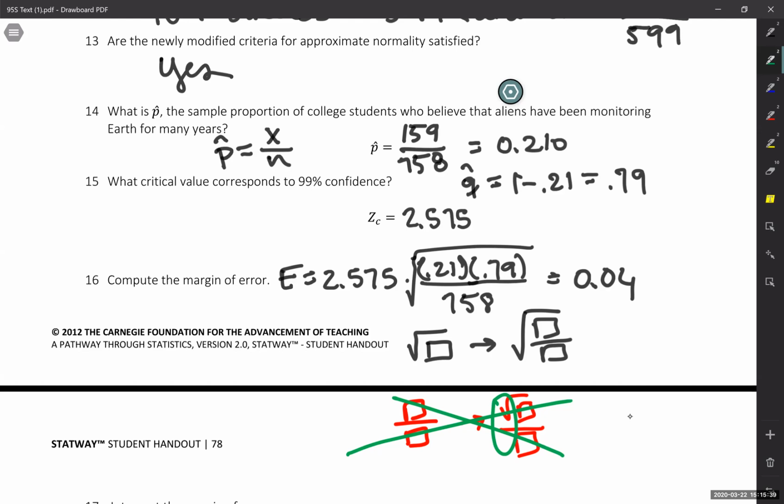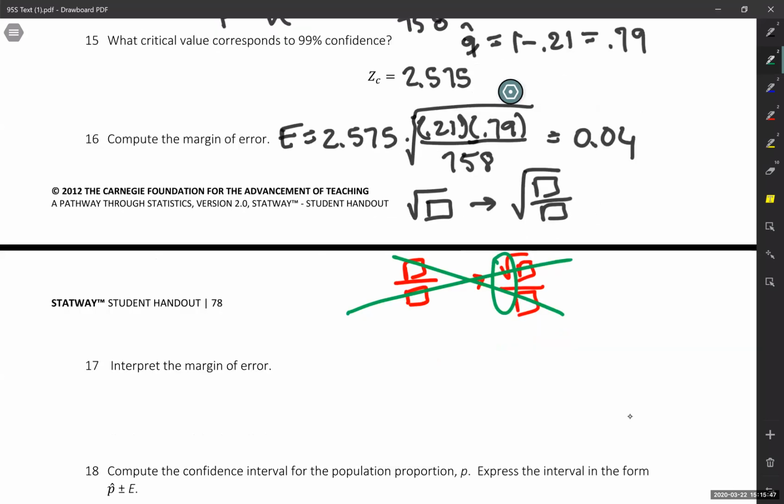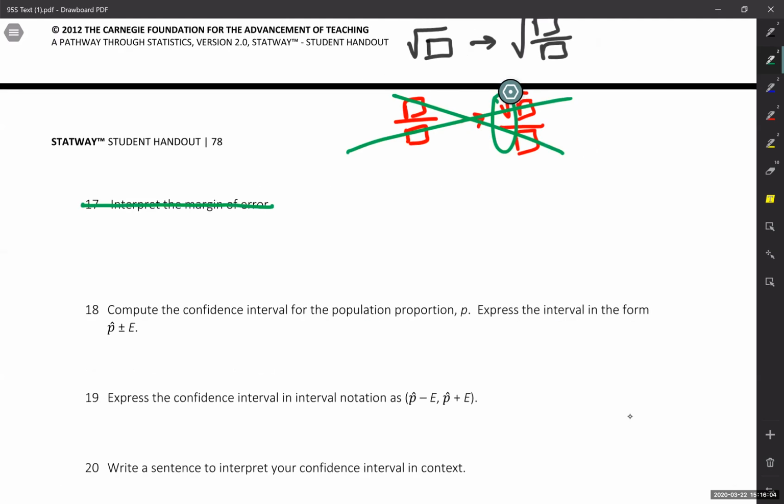And so I want to interpret the margin of error. Well, this isn't really something we do. We don't interpret it. You can if you want, but I'm not too worried about it. What I want to do is find the p hat minus e and the p hat plus e. And so again, we don't use this notation here.